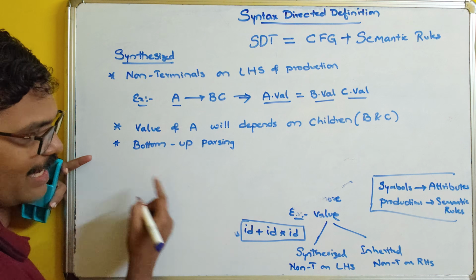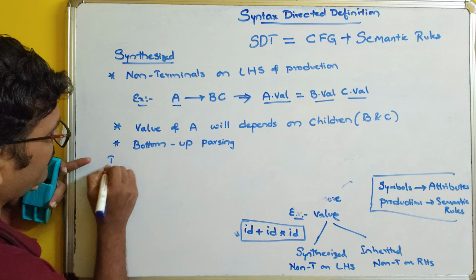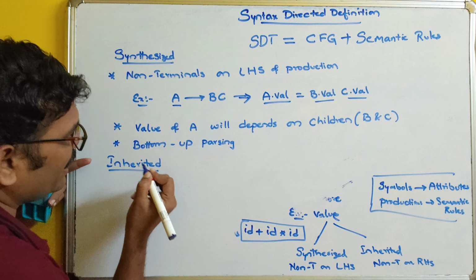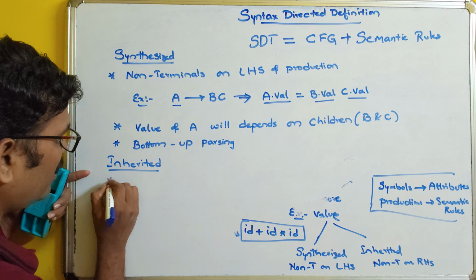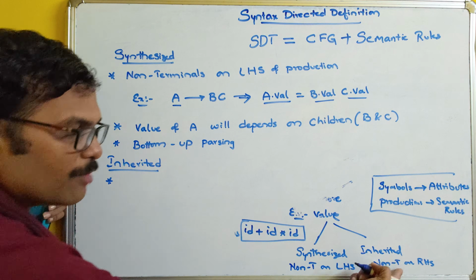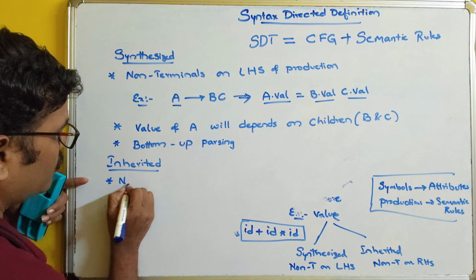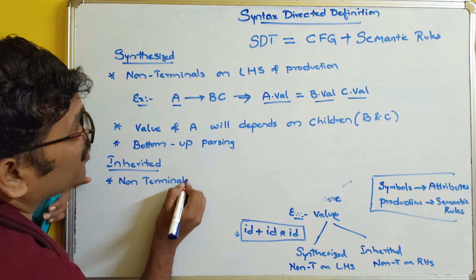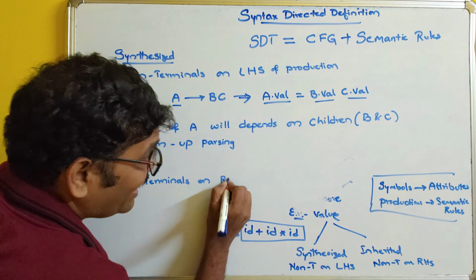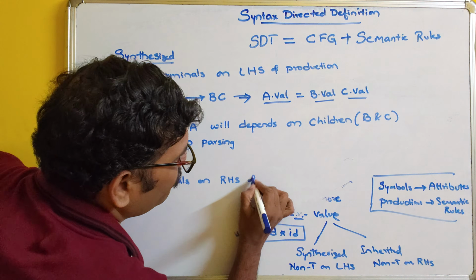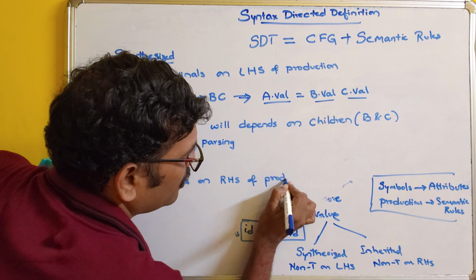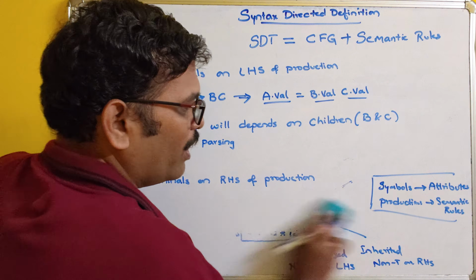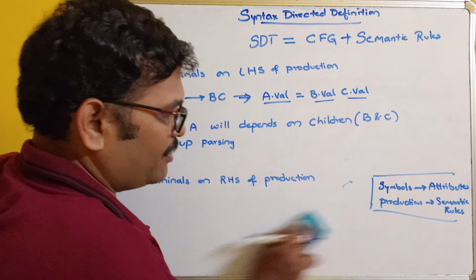Next, the second category is inherited. Just now we saw these are the non-terminals on the right hand side of the production, so you need not worry about the left hand side.